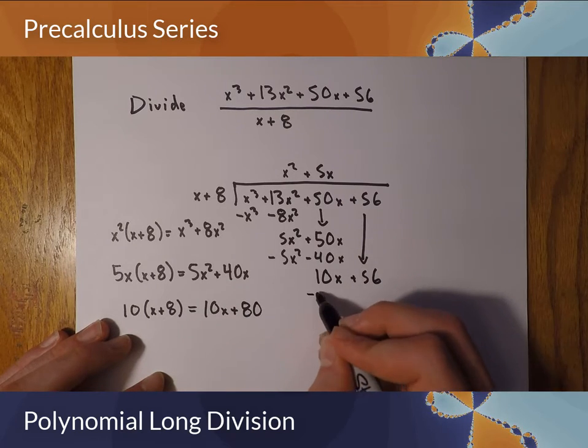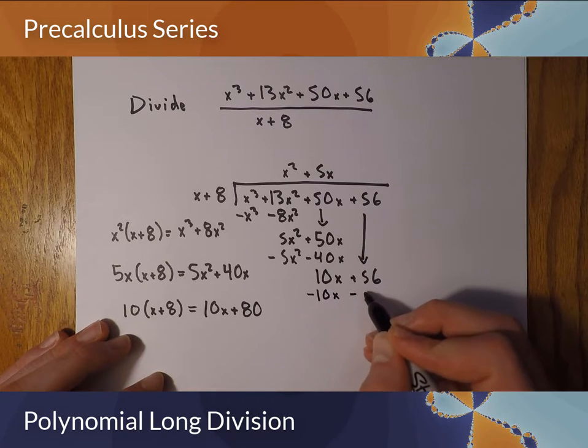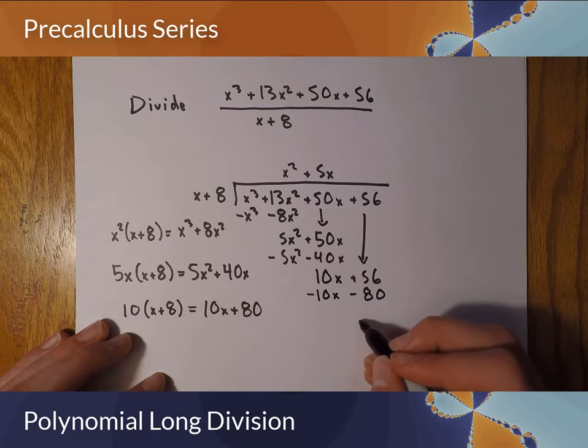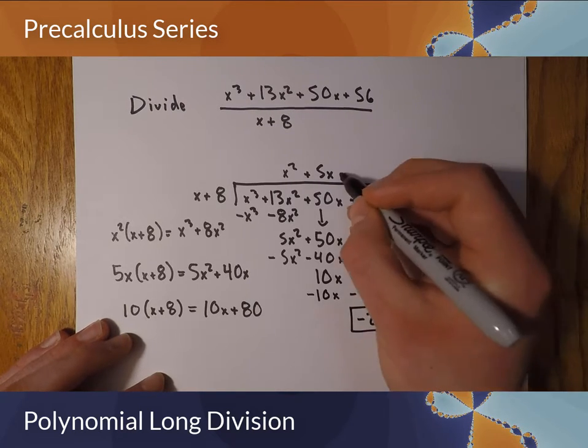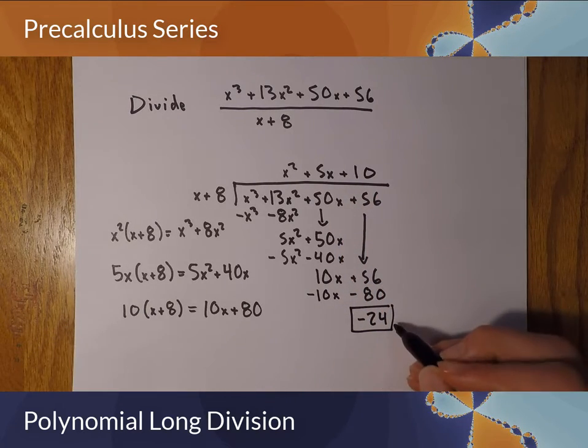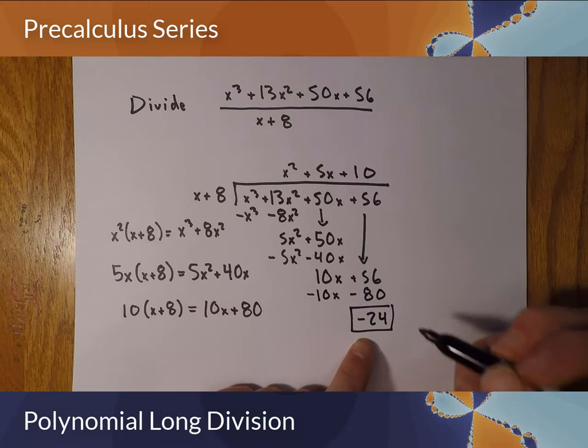And so now we're just going to subtract this by 10x, subtract this by 80, and so now we have negative 24 here. And I'll just make sure I write 10 up here.